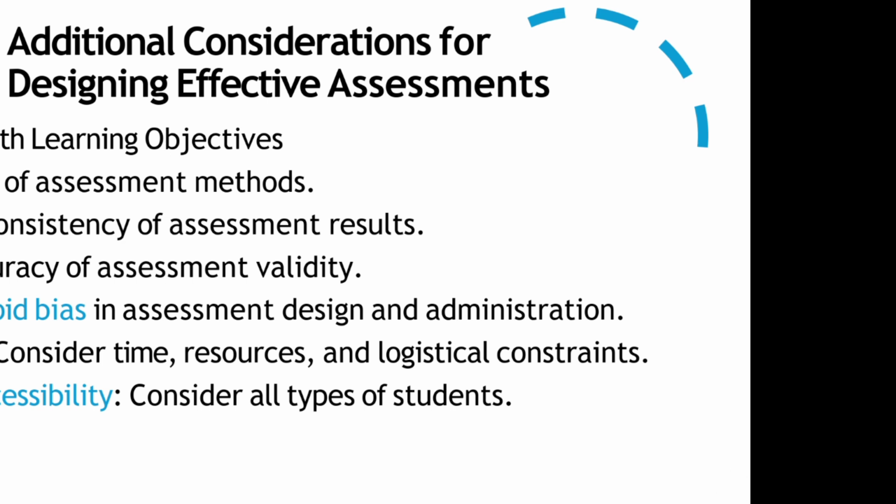Okay, additional consideration for design effectiveness of assessment. This is the additional consideration that we need to add when we design the assessment. First, it should be aligned with the learning objective, of course. Use a variety of assessment methods. The assessment method should be reliable, the validity of the accuracy of the assessment.